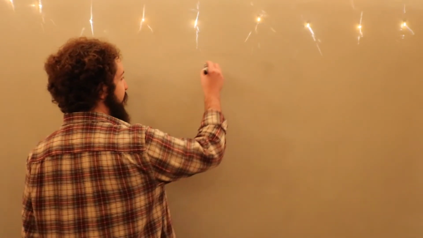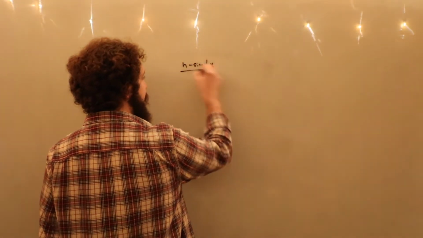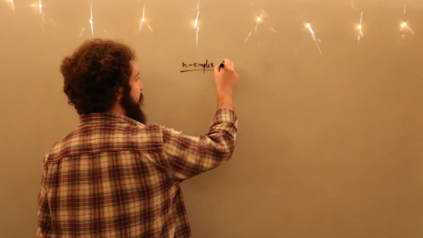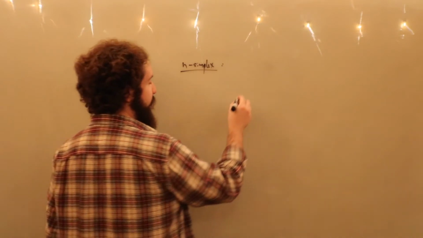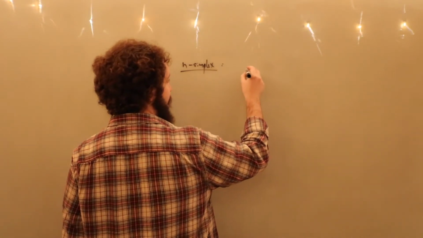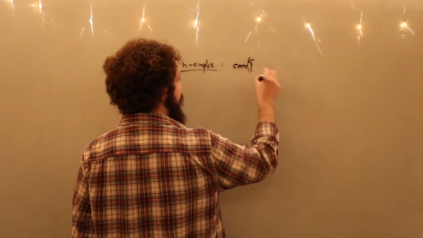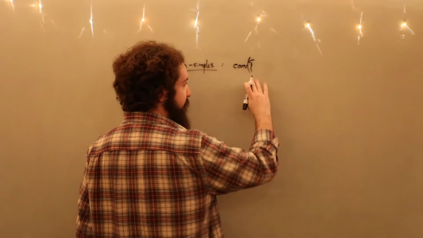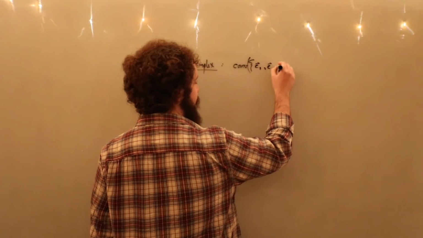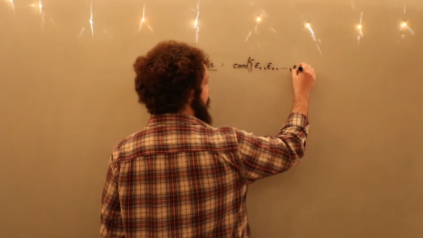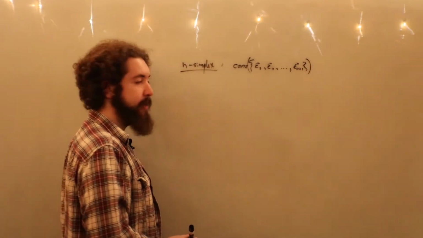Now we're going to define a new object called the n-simplex. The n-simplex is a geometric object that for certain values of n you are already quite familiar with. So we're going to define it as the convex hull, I'll explain what that means in a second, of a certain set of vectors. And these vectors are going to be the basis vectors e1, e2, all the way up to e sub n plus 1 in R^(n+1), right?